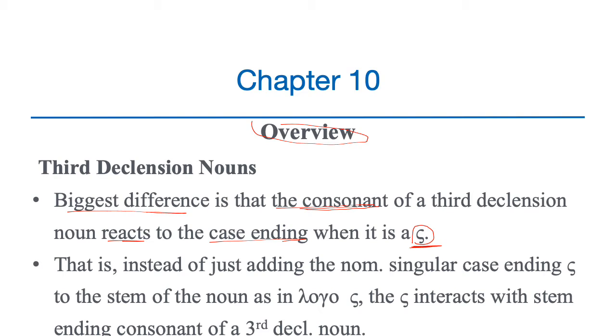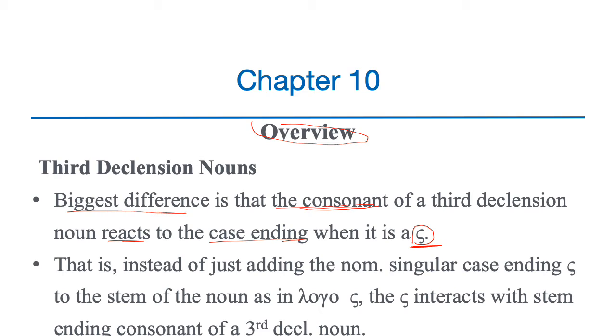Coming to third declension now, there is a big difference, and the big difference is that the consonant of the third declension noun reacts to the case ending, like sigma. So the case endings of nominative, genitive, dative, accusative, masculine, feminine, or neuter, when they're added to the consonant that ends a third declension noun, there will be certain reactions that will become clear later.